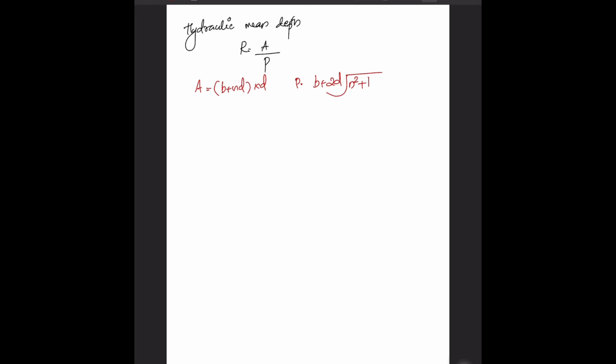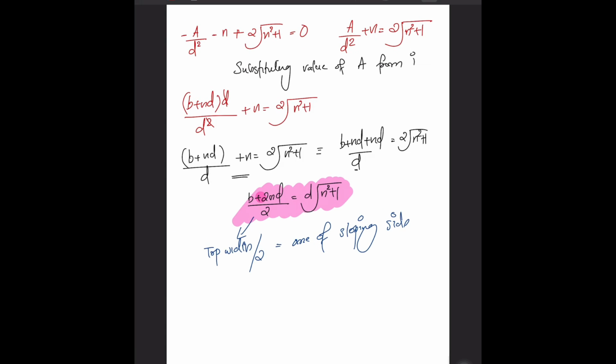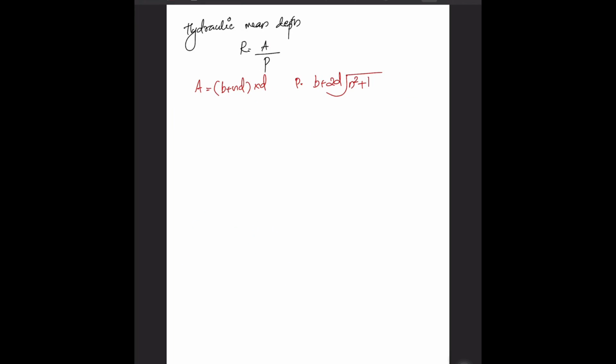Now we have 2d into root of n square plus 1 is b plus 2nd. So let us substitute that over here.